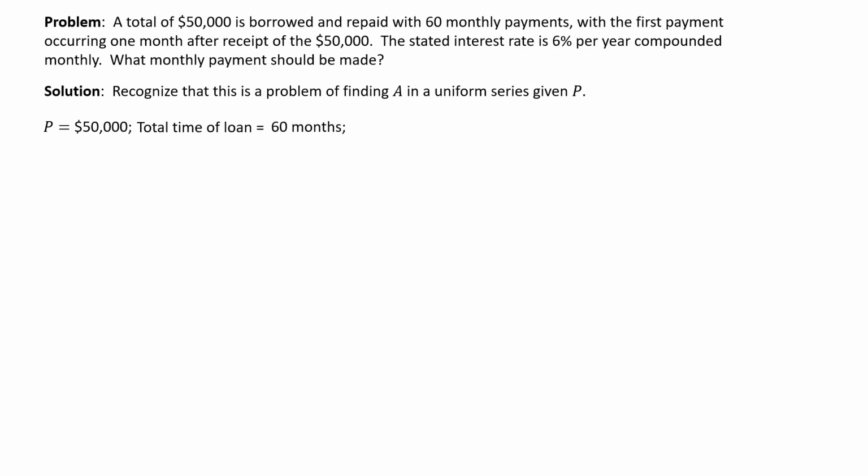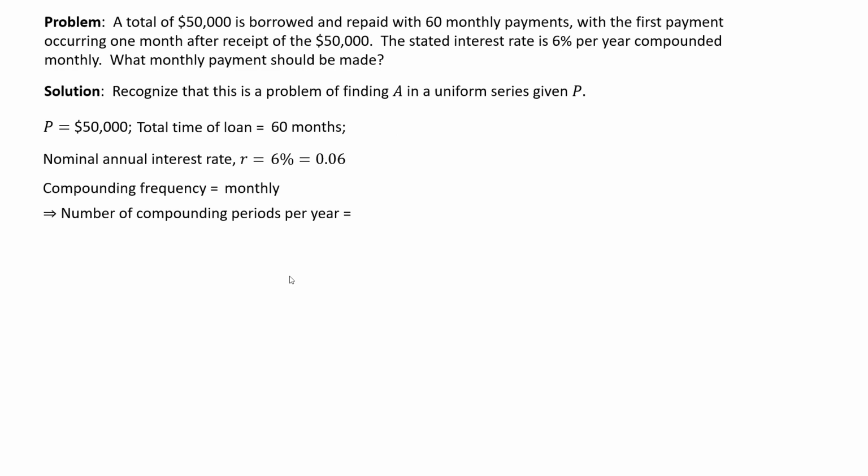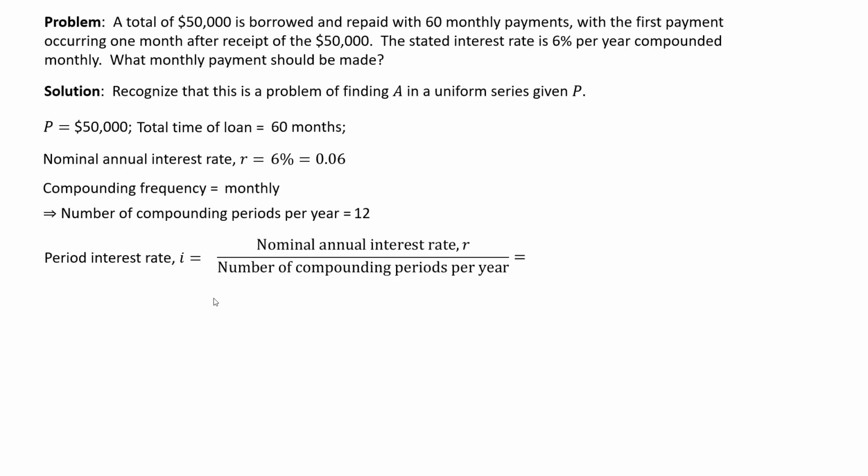60 months. And nominal annual interest rate, or notice how this interest rate is stated as 6% per year. So R is 6% or 0.06. And compounding frequency is monthly. So number of compounding periods is 12. Would you agree? And period interest rate, let's calculate the period interest rate as R over this number of compounding periods, M. And so this is 0.06 divided by 12.